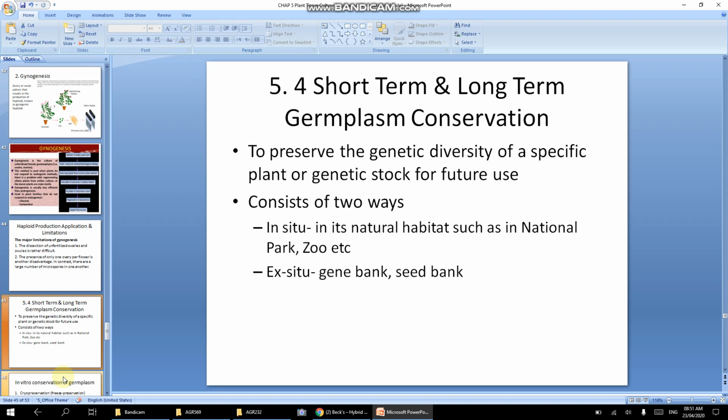There are two ways for you to do it. One is in situ. For example, you leave it in its natural habitat, so that you preserve everything and it can live in its own condition, its own environment, such as in the park or in the zoo. Another way is ex situ, which is a gene bank or seed bank.